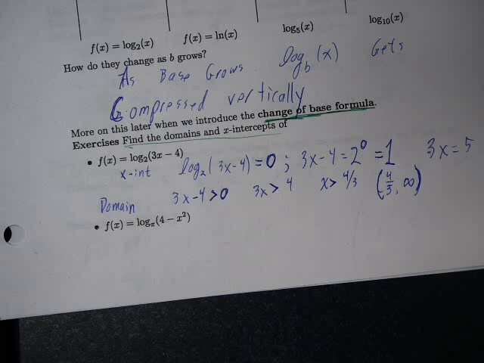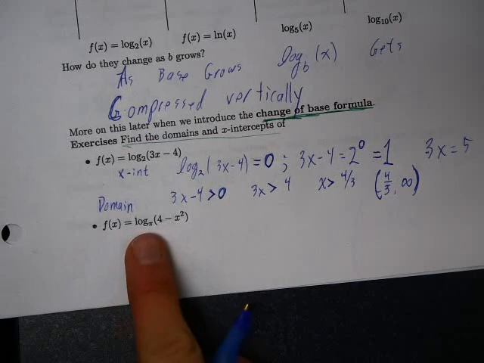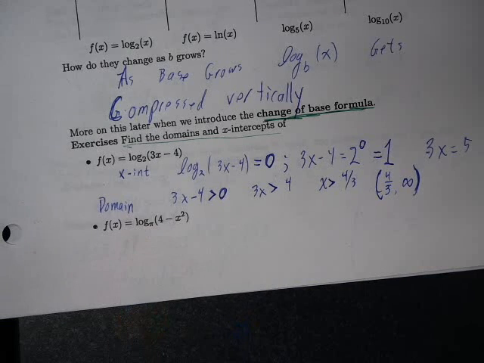Let's try it again. Let's try to find the x-intercept and the domain of log base pi of 4 minus x squared. And maybe in the interest of time, which do you guys want to do first, x-intercept or domain? X-intercept? Domain? Okay, we'll go in order.